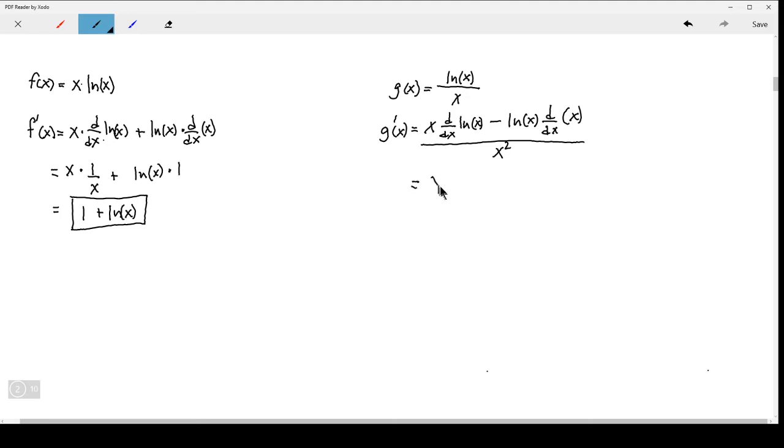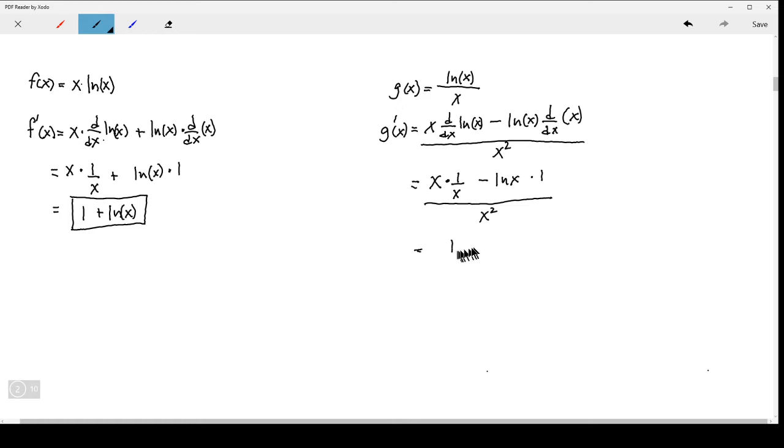All right, so I get x times the derivative of ln of x, which is 1 over x, minus ln of x times the derivative of x, which is 1, all over x squared. Here again, I multiply x times 1 over x, I get x over x.